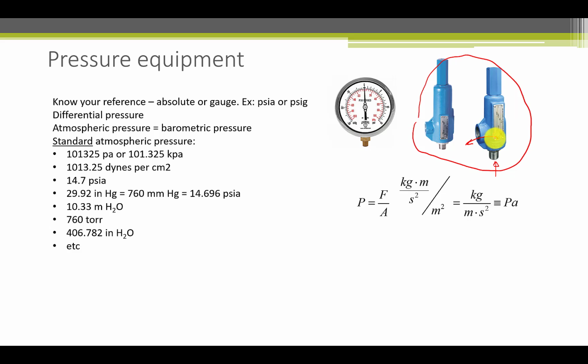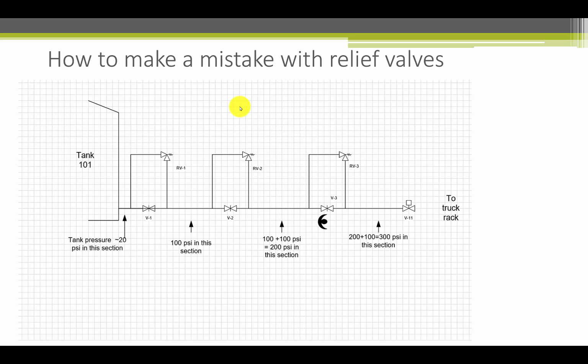They are working the pressure between the fluid pressure at the input and atmospheric pressure measured against a spring internally. There's a hole in this casing that lets the atmospheric pressure act on the other side of the diaphragm, and it's a differential pressure device. So in the next example, I'll show you how you should be aware of this.